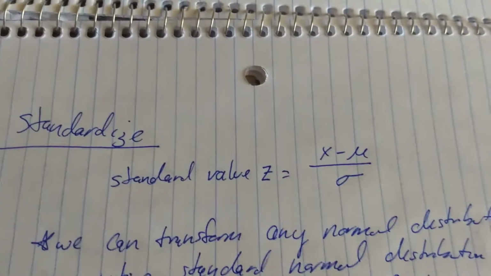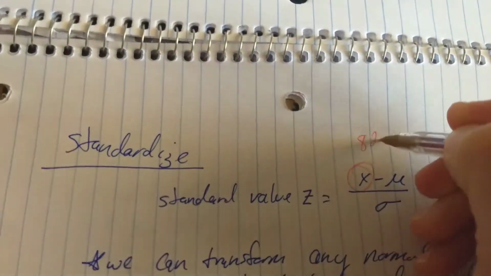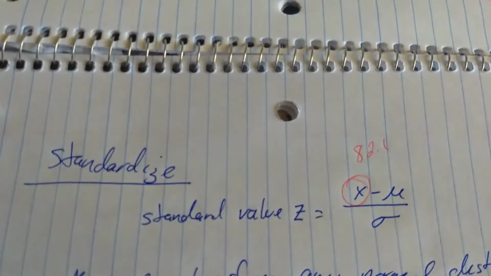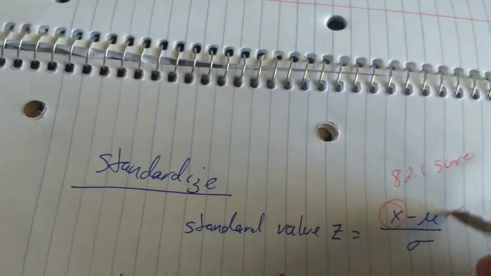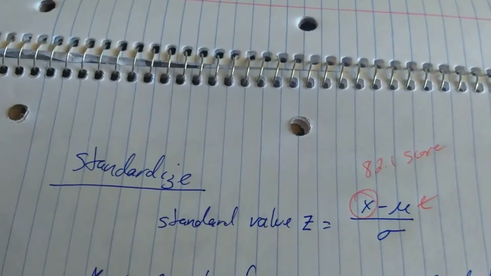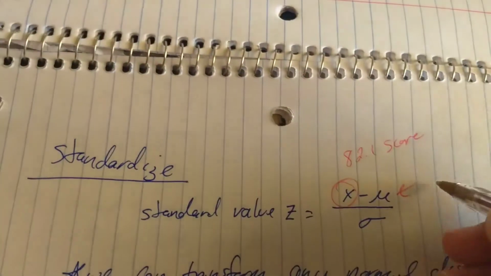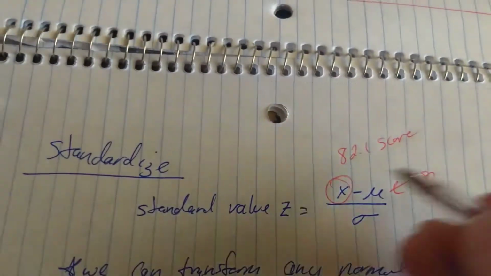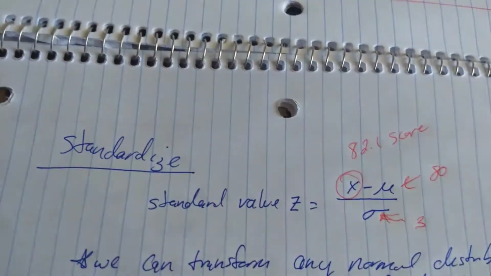Right? So I'm going to take x, which is some value, which might be that 82.1, if that's what I know what the score was. The mean, so whatever the mean was for that particular example, in our case it was 80. And then standard deviation, again for our particular example, was 3.